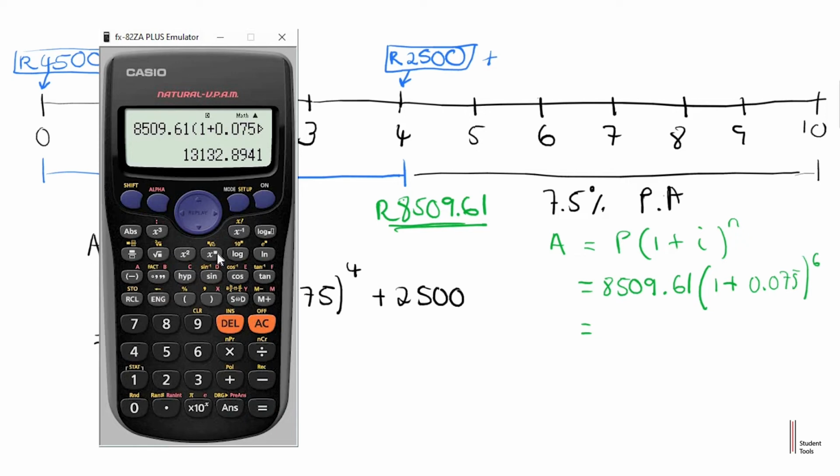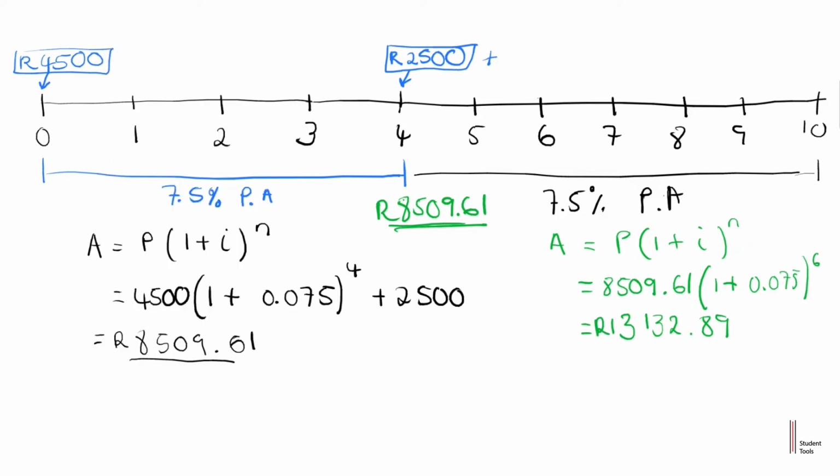That is 13,132 and 89 cents. So that's how much she has in her savings account after 10 years. All right, so that is just how we calculate 1.4.2. All right, now let us proceed to the next question.